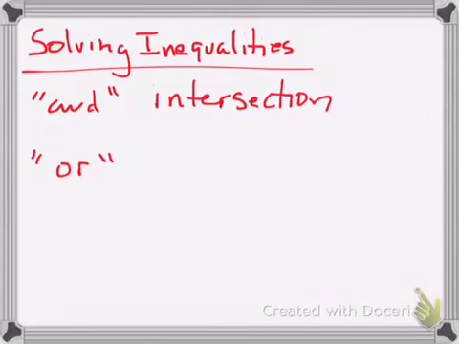Or in mathematics is the union of the two sets. You just join the two things together. Understanding that intersection and union is what we're looking for. Union just means join together. So if we're doing an or problem, we're just going to graph them on the same number line and be done with it. Ands are a little bit more complicated. All right, so let's have a look at a couple of examples here.